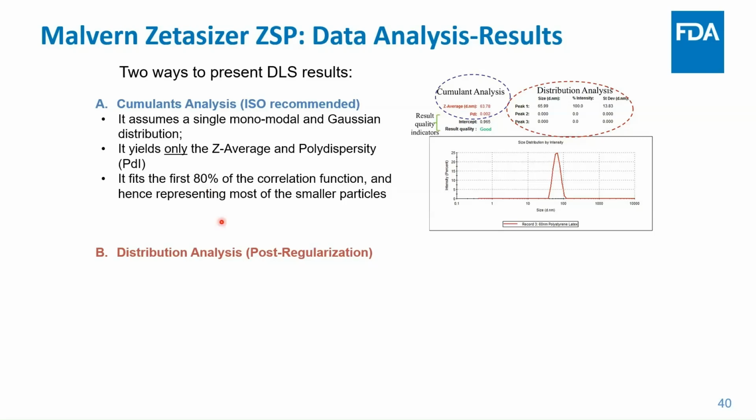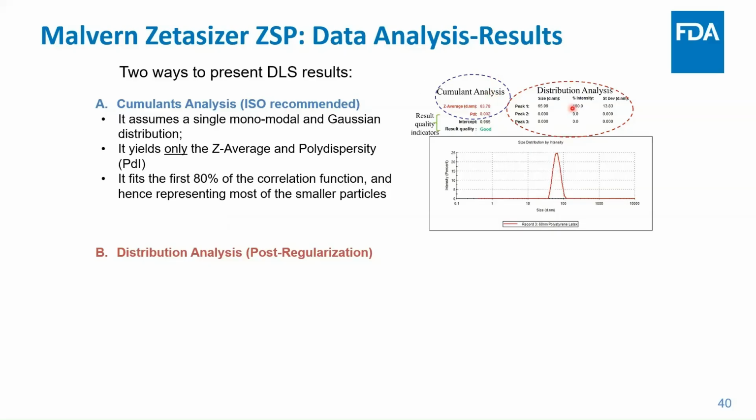It usually fits only the first 80% of the function, so not that really long time step afterwards, because that doesn't actually matter as much for the size or the polydispersity. And it often represents the most small particles. And so here again, from that report before, we had the cumulant analysis part and the distribution analysis part.